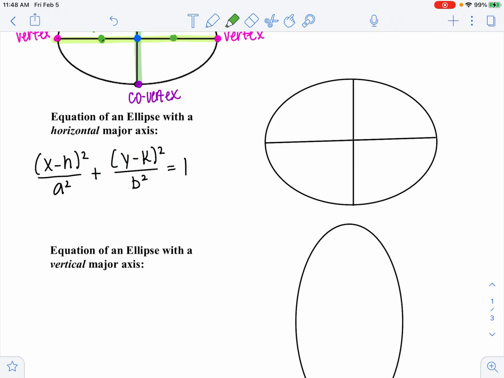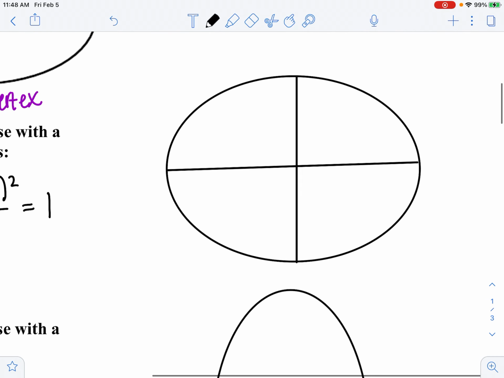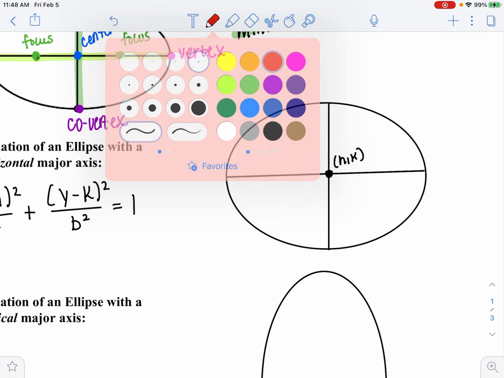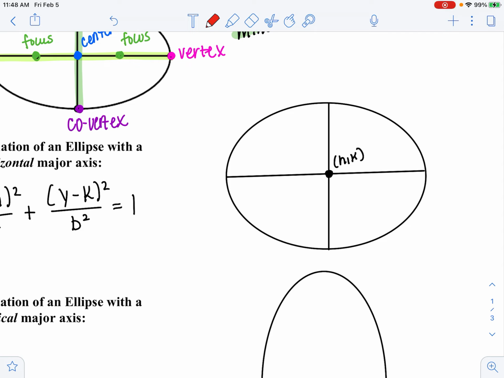Okay, so what are these variables? I'm not going to label the vertices and foci right now. What I am going to do is say what A, B, C, H, and K are. So first off, this point right here, that's (h, k). That's your center. Now A is the distance from the center to any vertex.